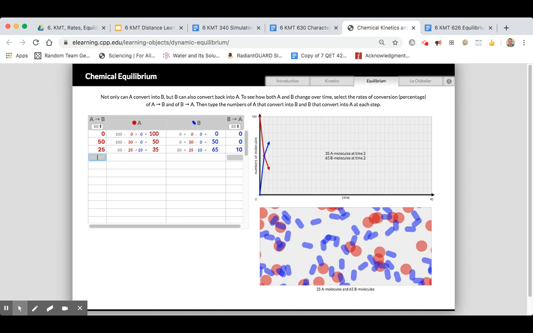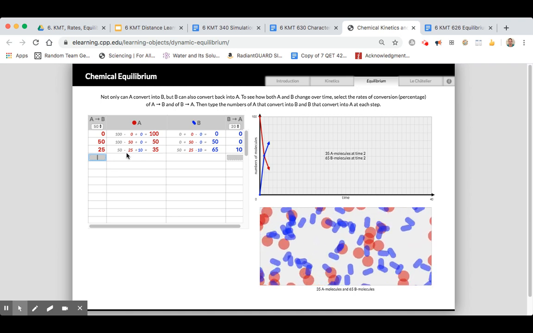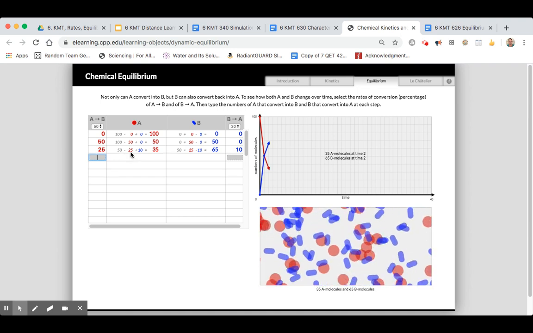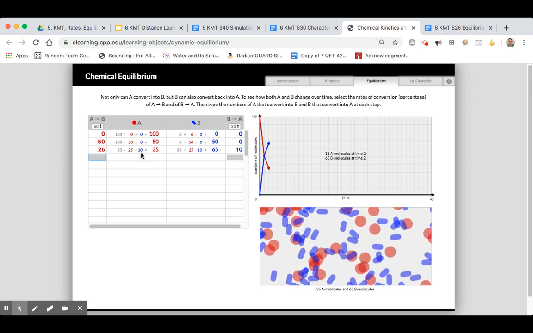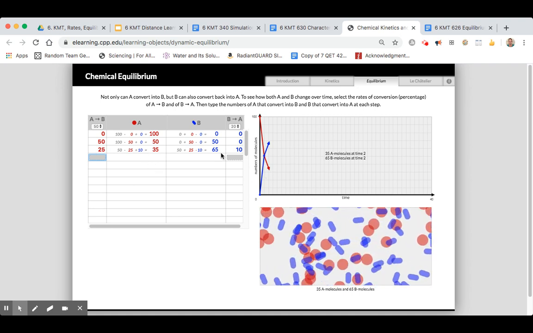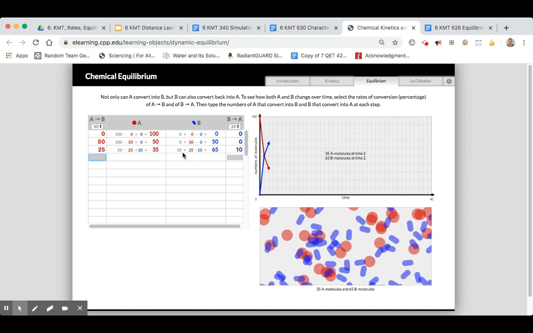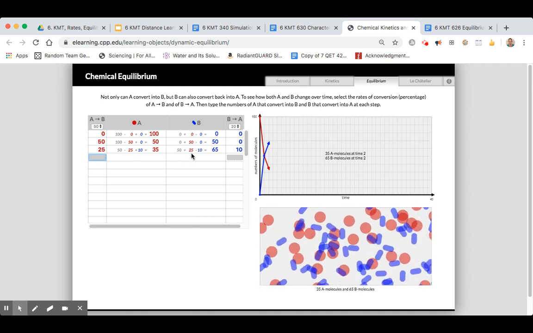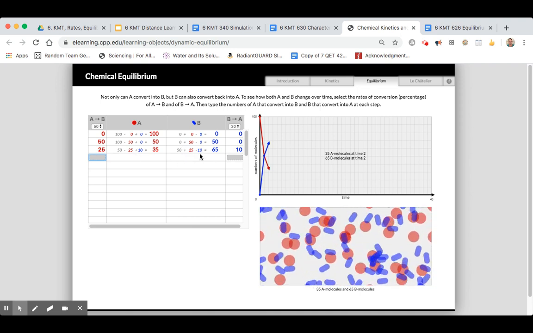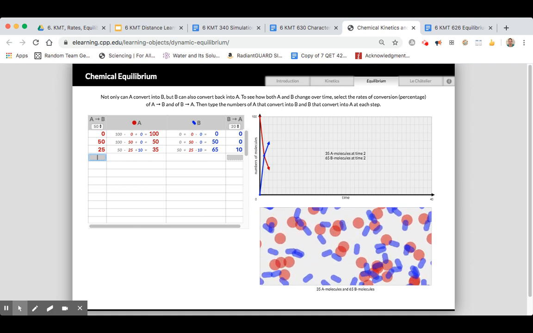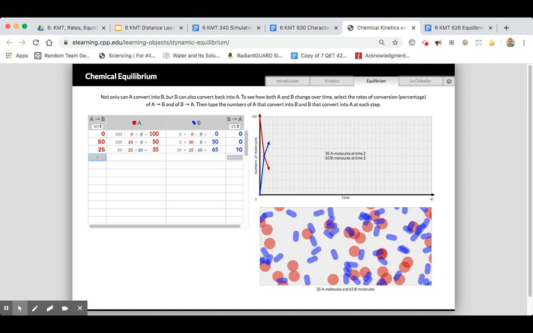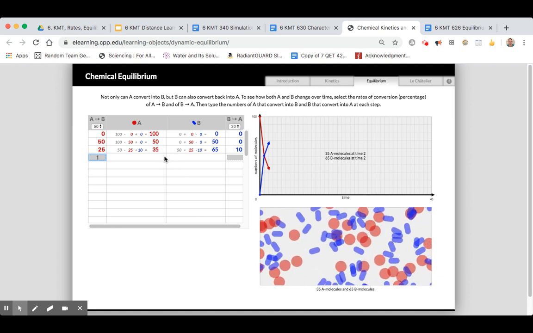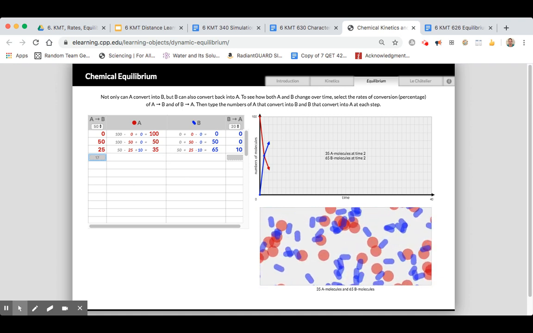Now, something really interesting happened here in the math. Not only did I subtract the 25, but I added the 10 to the A because some of the B's are converting back. And then in the B, I added the 25 and I subtracted the 10 because some are converting back. So now I have to do 50% of 35. Is it 17 or 18?